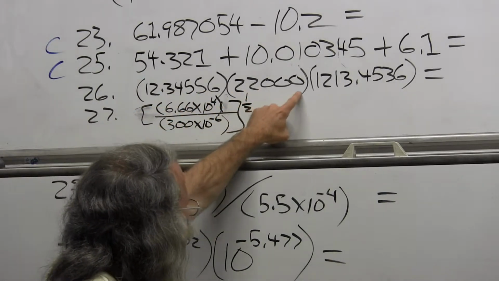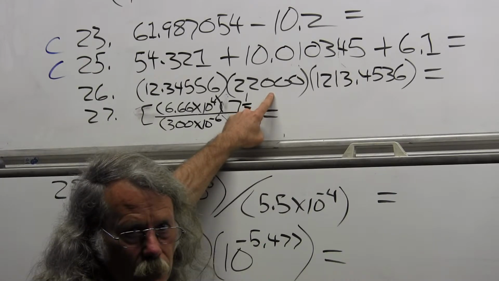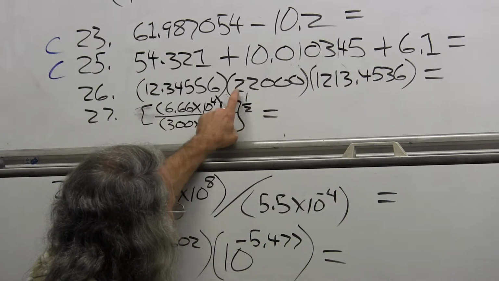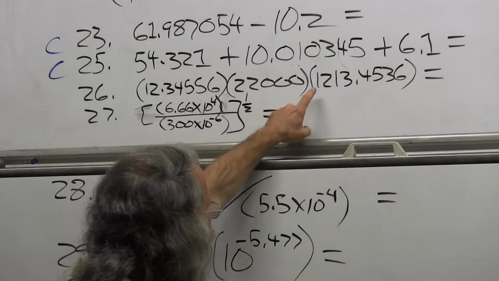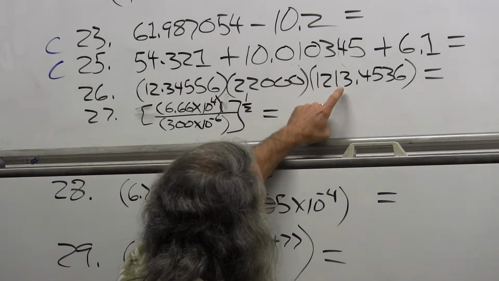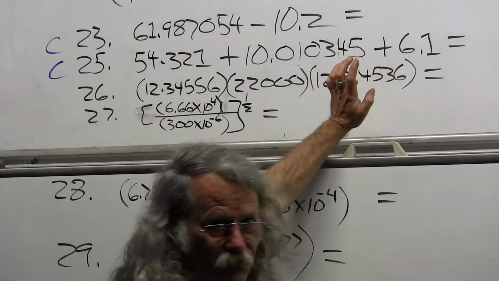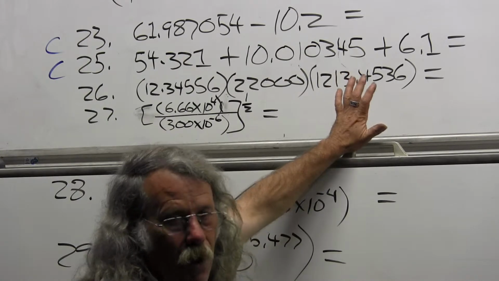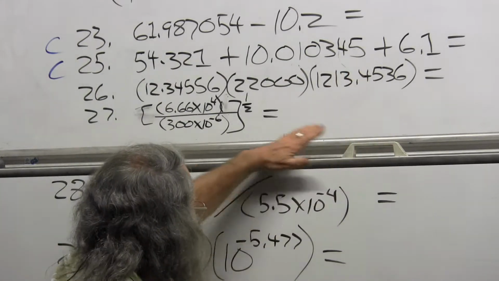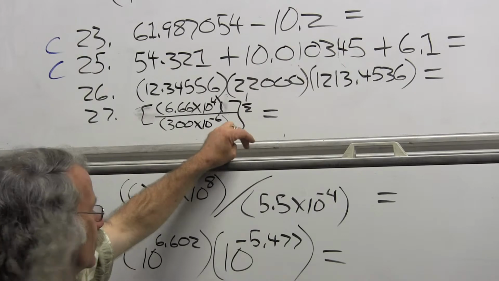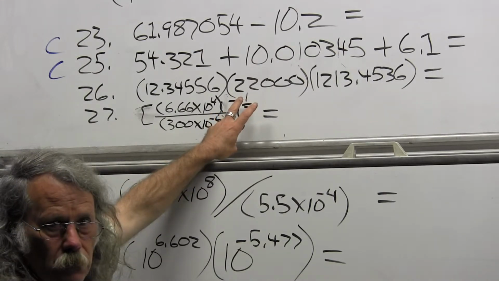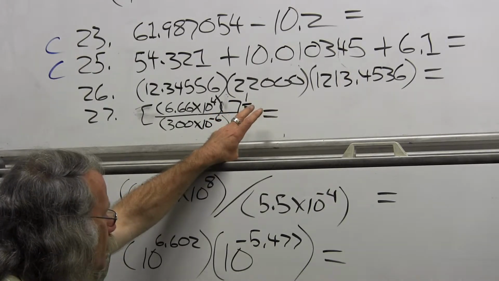Here I've got only 2, because these zeros are not significant. So this particular factor has only 2 significant figures in it. This one has 1, 2, 3, 4, 5, 6, 7, 8 significant figures. So my final result can contain no more than the fewest of any of the factors. In this case, this is 2, because these zeros are not significant.